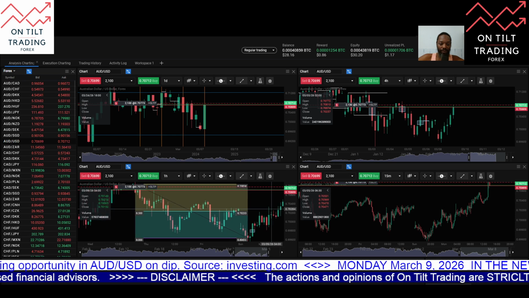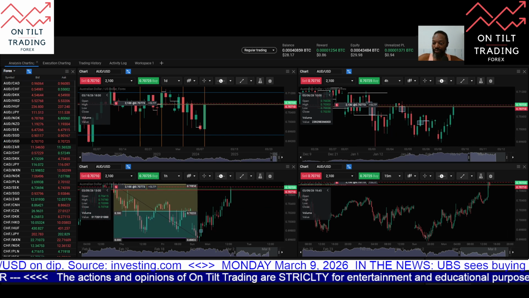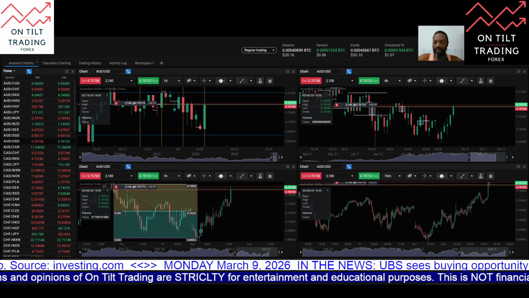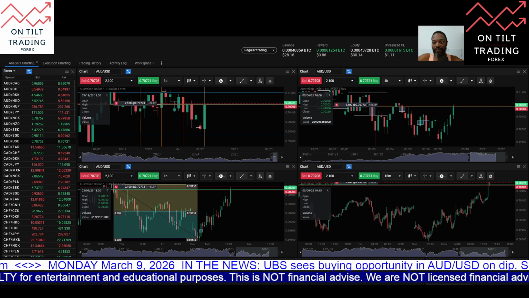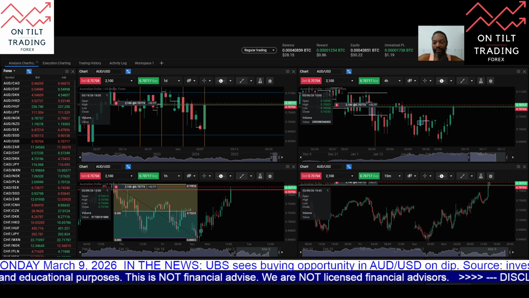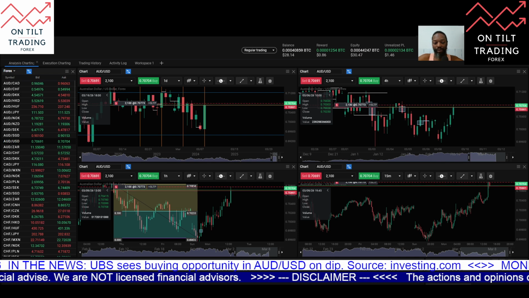And then for multi-time frame analysis, the overall structure here on the 4 hour, with this being the weekly high and this swing low here being the weekly low, price action overall here is bearish.